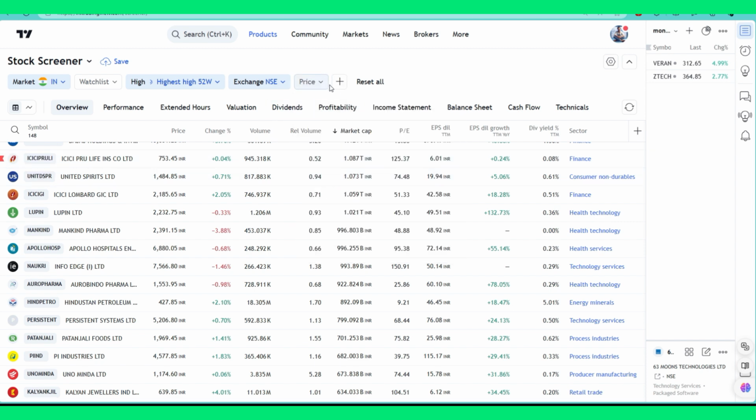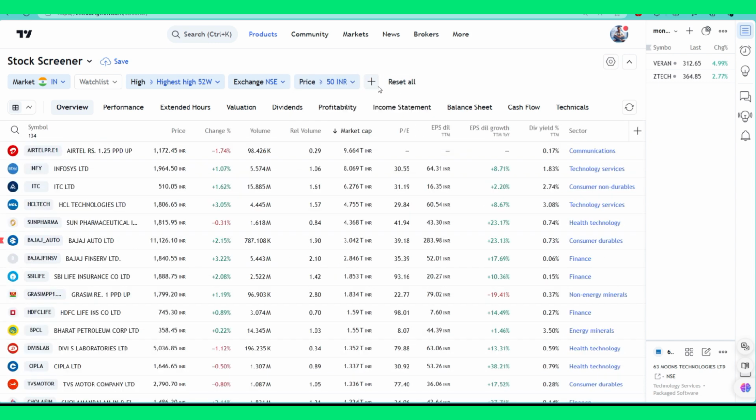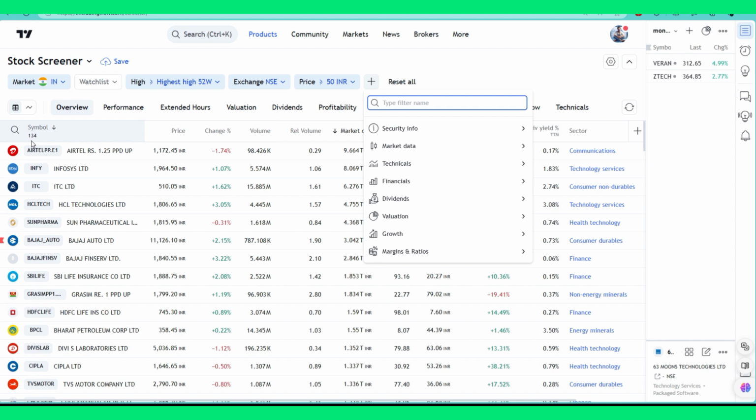So price, and it's above or equal to value 50. I want stocks which are above 50 rupees. And see how the number is reduced to 134.